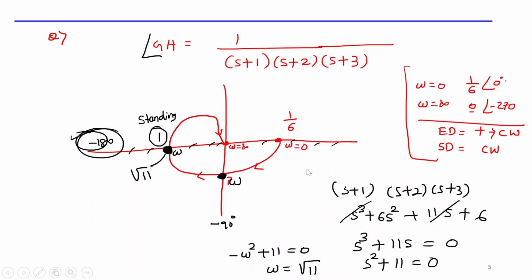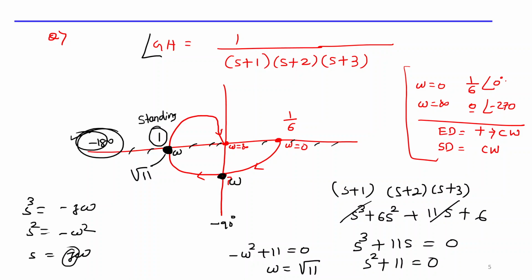Imagine that whatever the odd terms, cubic, make them equal to 0, because you need to find the value on the real axis, so that the imaginary part will be 0. Imaginary terms means odd terms, right? Because with s cube, an imaginary term comes. But with s square, the real term comes. Again with s, another imaginary term comes.